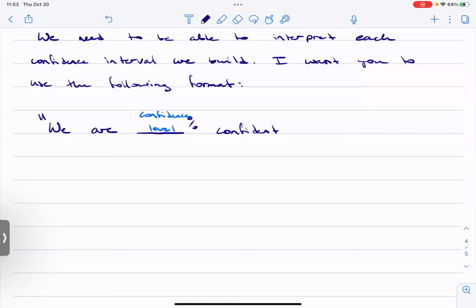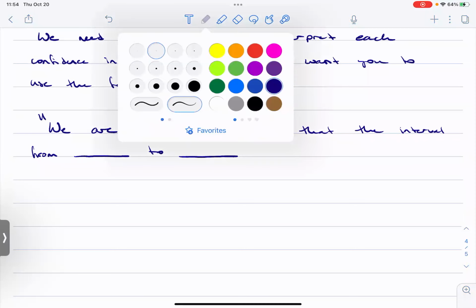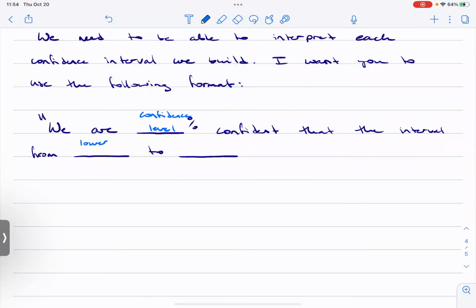So we are some percent confident that the interval from blank to blank, which is of course our lower bound to our upper bound, this is where you want to make sure that you go from your lower bound to your upper bound, because again, from the upper bound to the lower bound, it doesn't exist, right? So you don't want to be confusing your client.